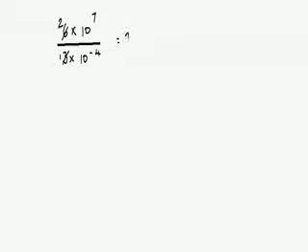Okay, so I get 2 times 10. Now what I've got is 10 to the power of 7 divided by 10 to the power of minus 4. Now if it helps you, write it out longhand like this. So it's 10 to the power of 7 divided by 10 to the power of minus 4. Now because we're dividing, we're going to subtract.